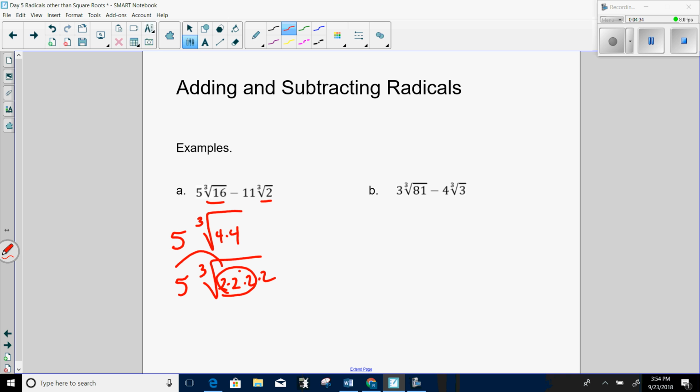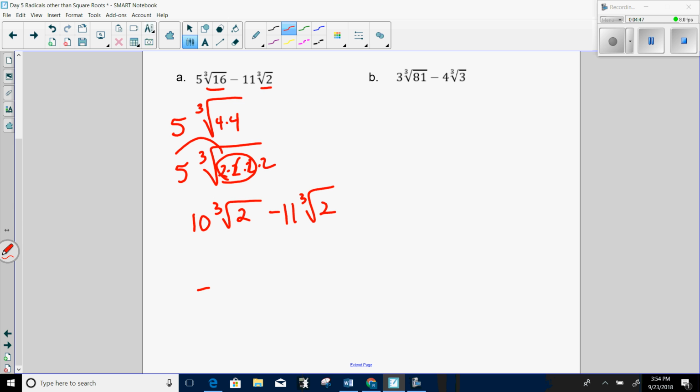So that becomes 10 cube root of 2. The cube root of 2 here doesn't break down, and you get the cube root of 2. Now we can combine those, and we get negative cube root of 2. 10 minus 11 is 1. You can put the negative 1 there, but you don't need it. This would be the best answer possible.